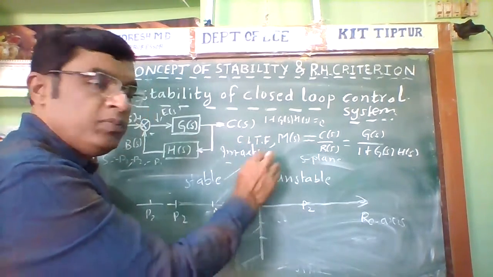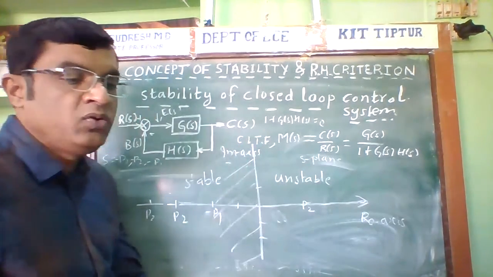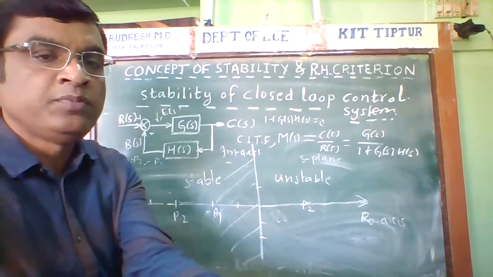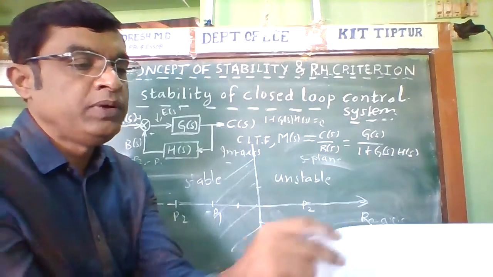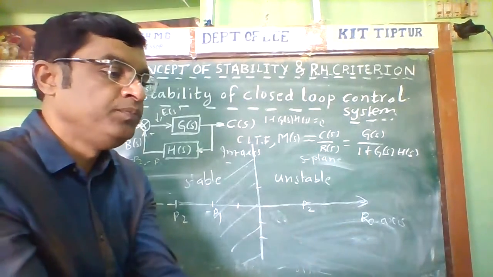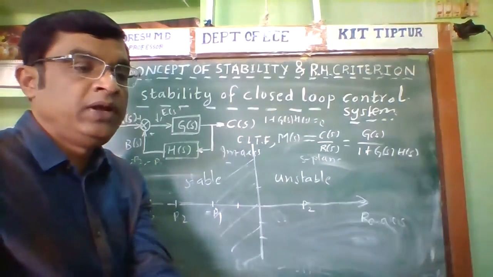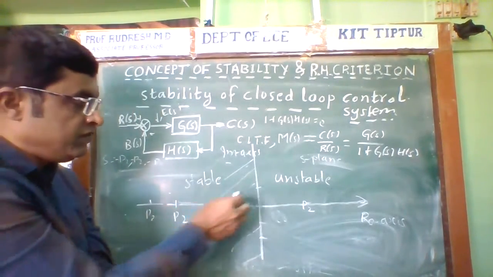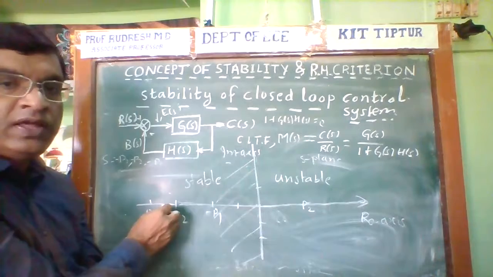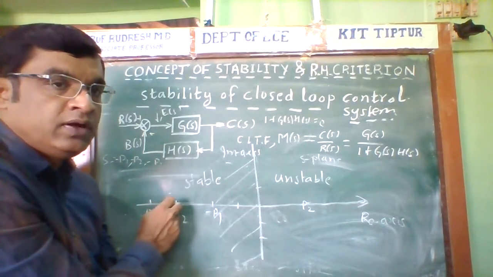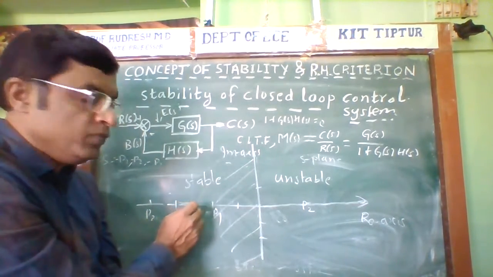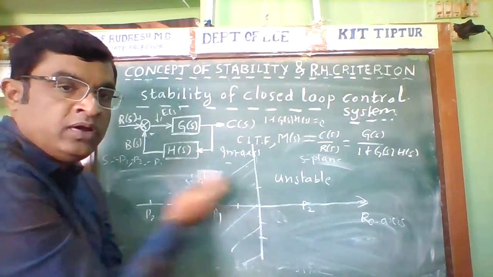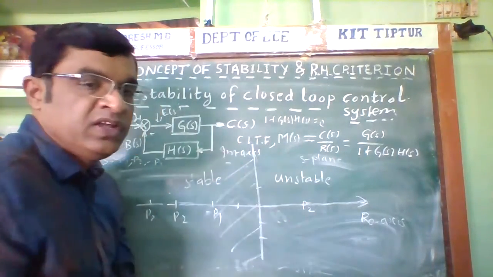The roots P1, P2, P3, which are the poles of the system, may be lying on the imaginary axis, on the negative real axis, on the left half of the S-plane or on the right half of the S-plane.